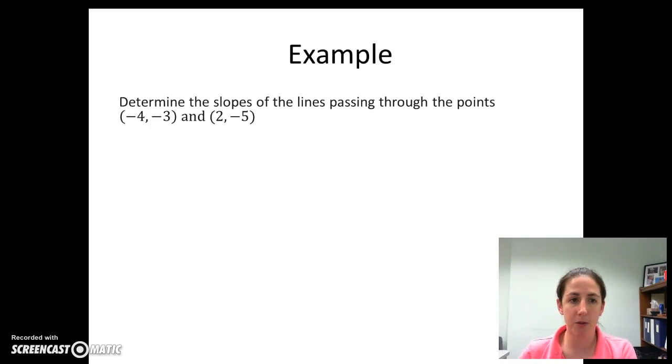So let's do some examples. Let's find the slope between these 2 points, negative 4, negative 3, and 2, negative 5. Like I said before, you can call this your first point or you can call this your second point. It doesn't matter. I had this one first, I'll call it my first. I wrote this one second, I'll call it my second. So to find my slope, I'm going to take the y from my second point minus the y from my first point over the x from my second point minus the x from my first point.